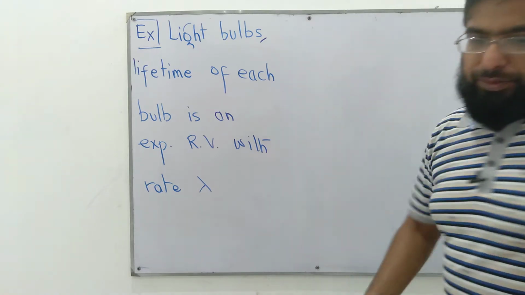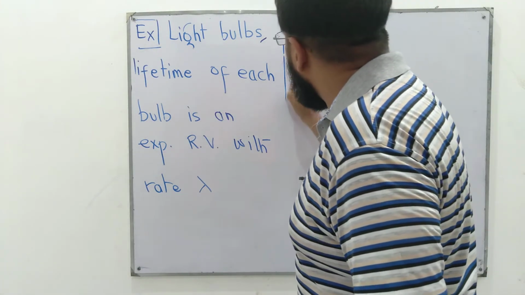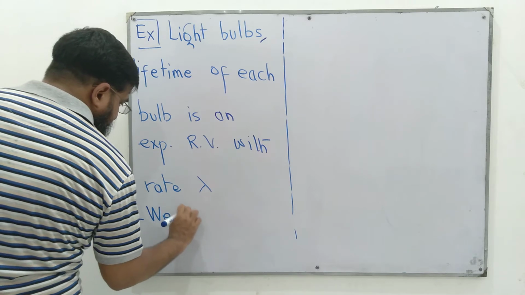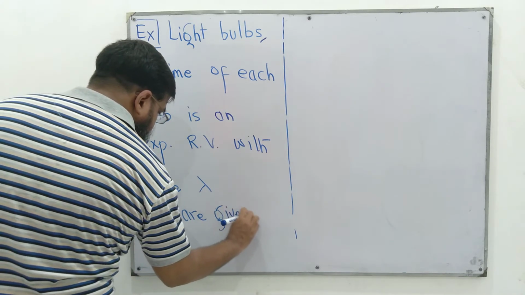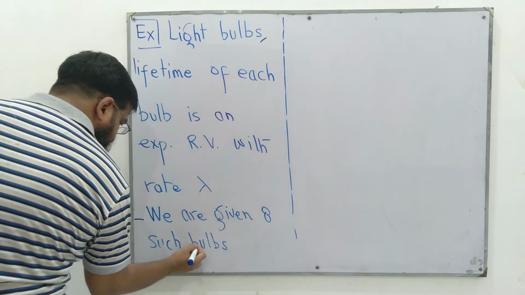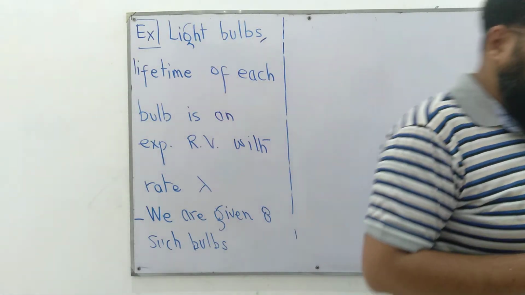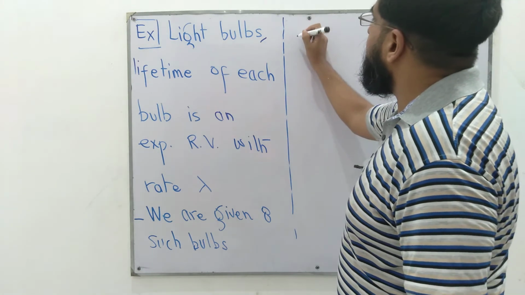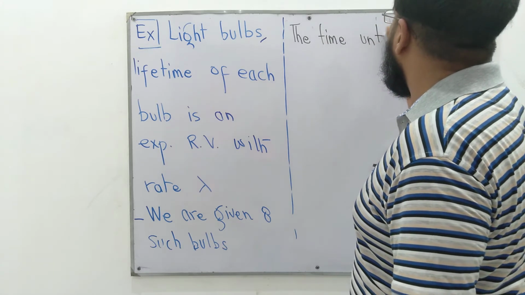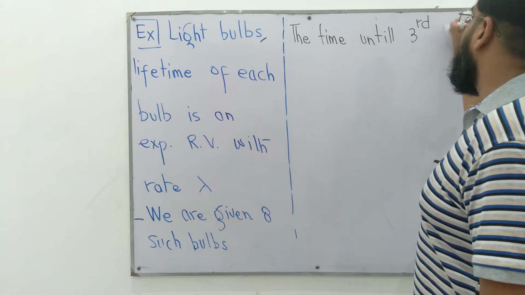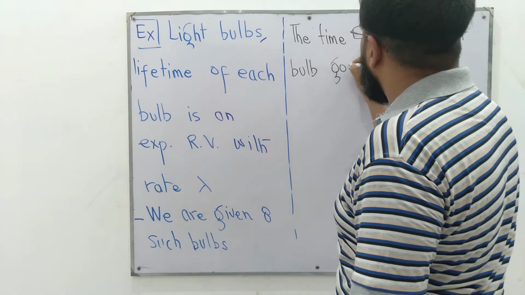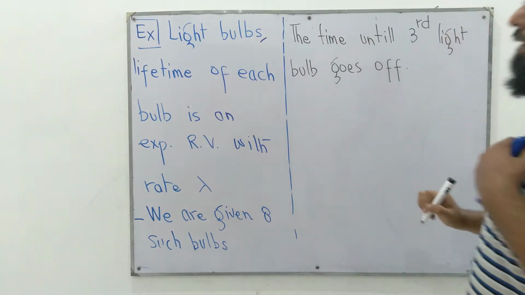Now suppose we are given 8 such bulbs and we are asked to find the time until the third light bulb goes off, reaches its lifetime.